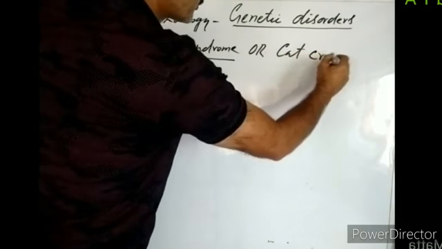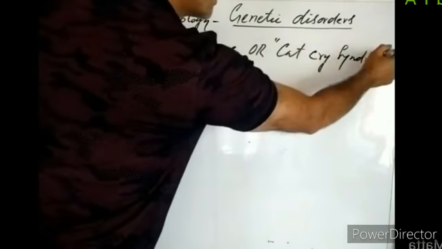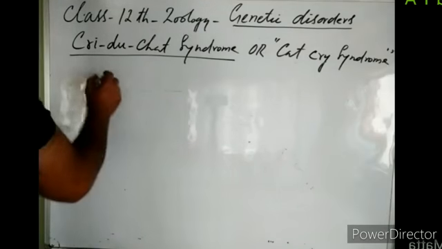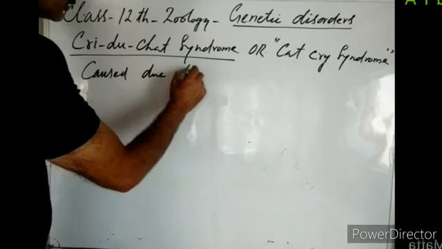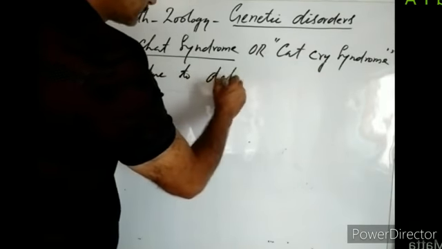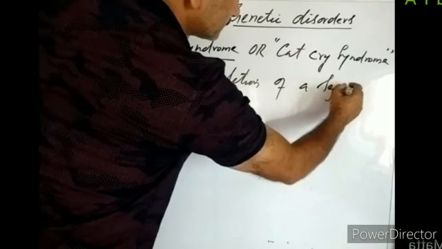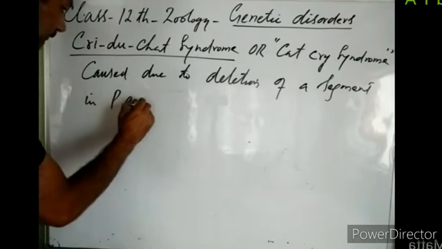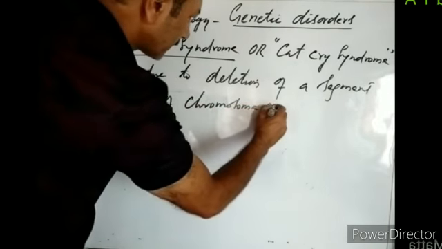This cri-du-chat or cat cry syndrome is caused due to deletion of a segment in the P arm of chromosome number 5.